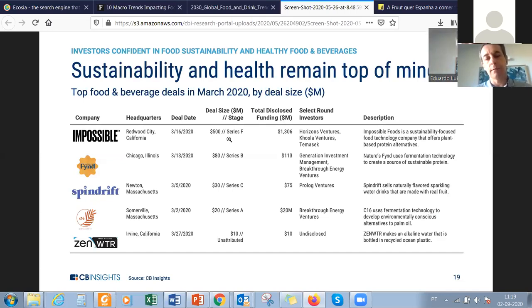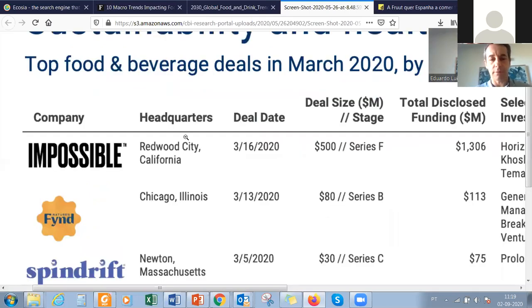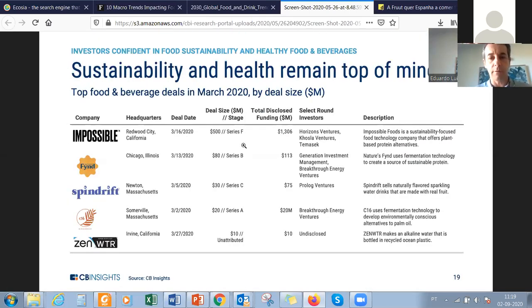They are saying that in March of this year, we have a relevant investment of 1,000 million. So it is a pretty amount of money. So $1 billion, not euros, is a lot of money that was invested in a company called Impossible.